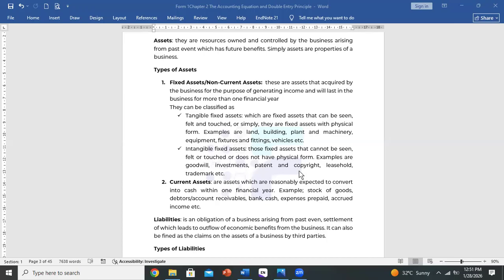So because of that protection, you see them negotiate and they will get some money, some benefit from it. That's why it is an asset. Because of the copyright businesses have, people cannot copy it. You need to go to them to buy the resource or the goods or the services they are rendering.